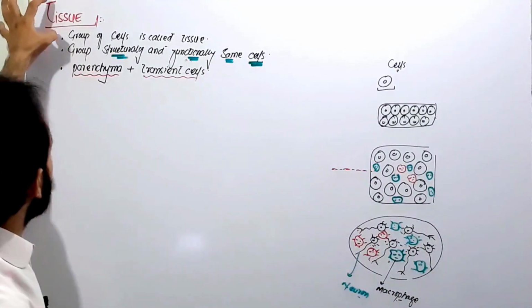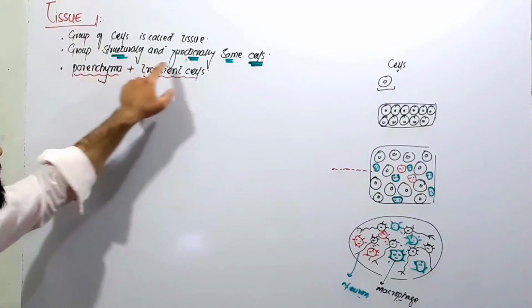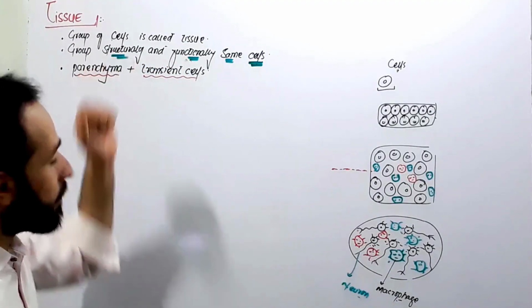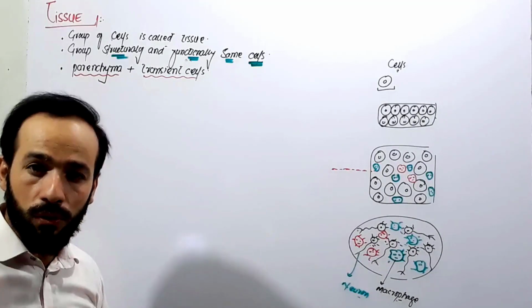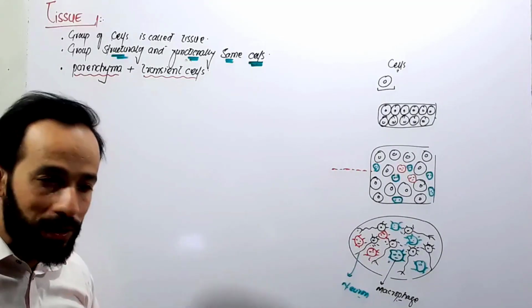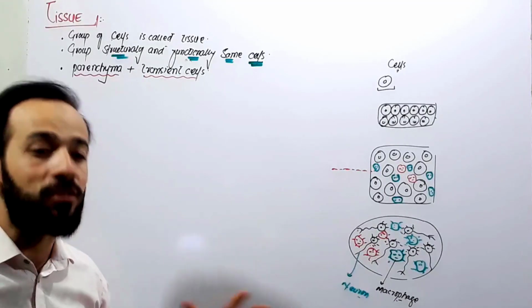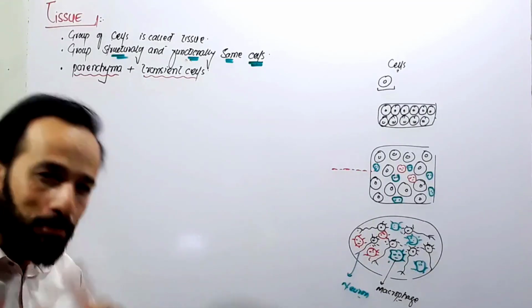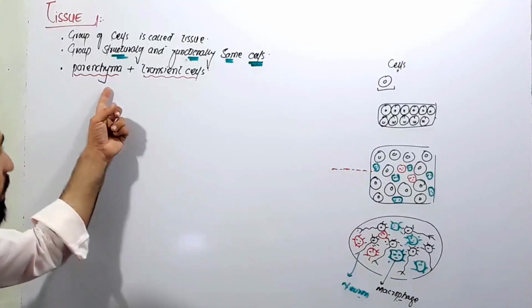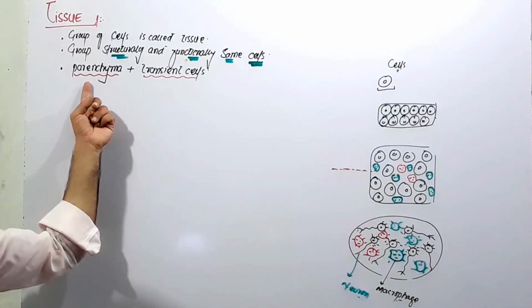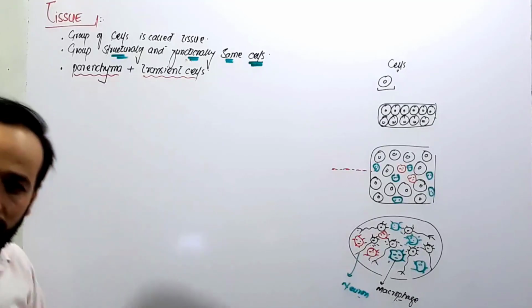So in our tissue we don't have all the cells which are structurally and functionally the same. Then why have I written this definition? We should first of all clear the concept that a tissue has a group of cells which perform the same function, right? But in medical we say that a tissue is composed of parenchyma and transient cells.